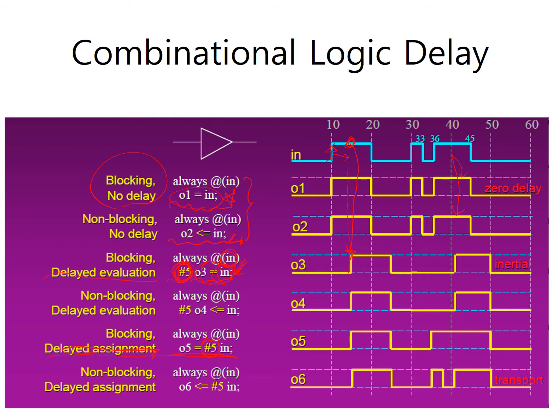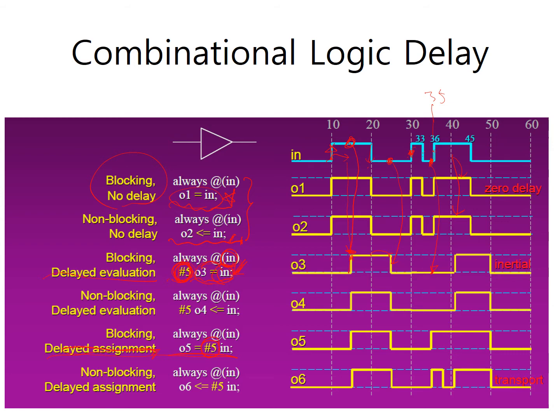Now, if the input changes to low, another 5 nanoseconds later, this input value is assigned to the output again. Here we see the activity, a 5 nanosecond delay, and after 35 nanoseconds, at that moment, we see the input is 0.